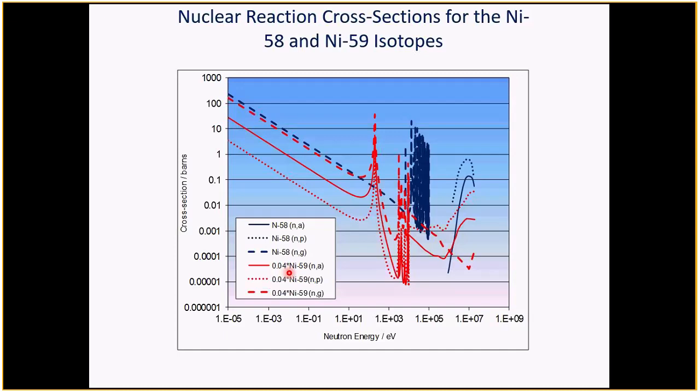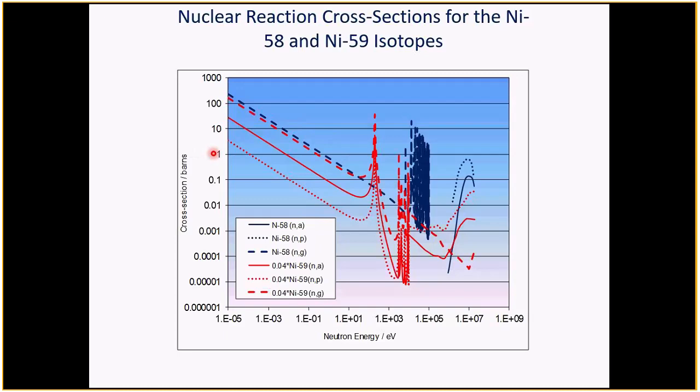And so after about 5 years of reactor operation, you get about 4% nickel 59 produced. So even if I've scaled by 4% the nickel 59 cross section for the different reactions, N-alpha, N-p, and N-gamma, shown here, it's still comparable with the naturally occurring nickel 58.